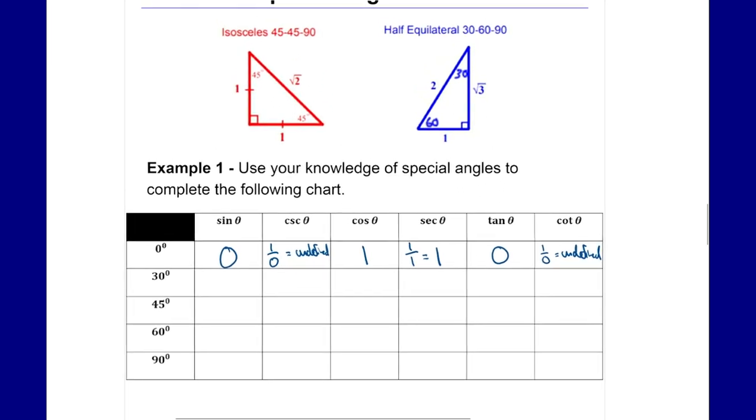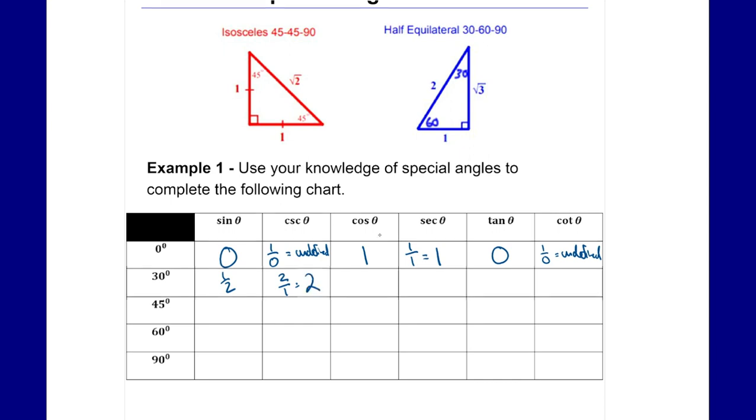For 30 degrees, now I have to go to my special triangle. So for 30 degrees, I'm looking at this half equilateral triangle. Sine is opposite over hypotenuse, so 1 over 2. So cosecant is going to be the reciprocal of that, or 2 over 1, or just 2.